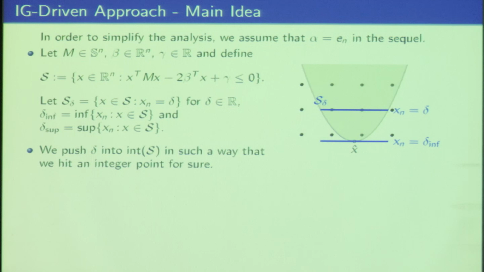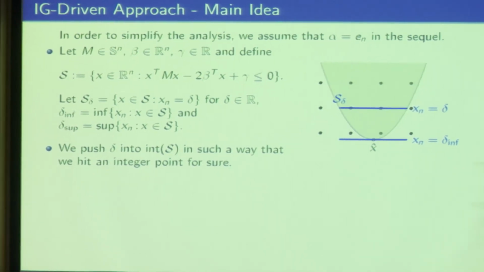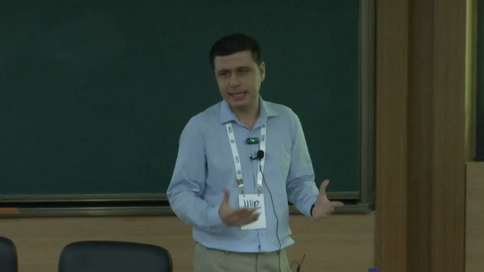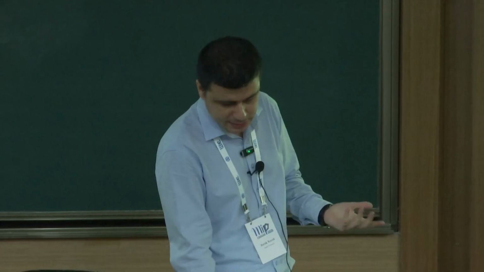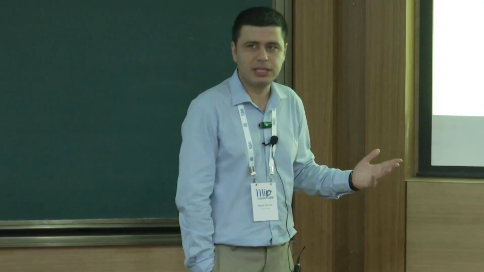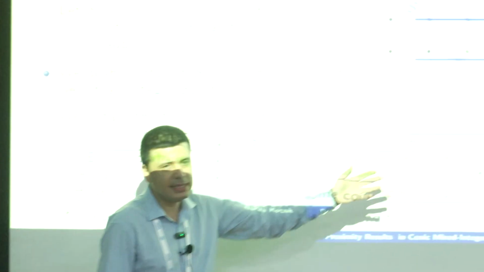The important thing is that this set S delta turns out to be an ellipsoid in the lower dimensional space, so you can easily analyze it. That's the main idea. This analysis is a little bit more general, so you can get both right-hand side independent and dependent bounds, as I will show you in a minute.